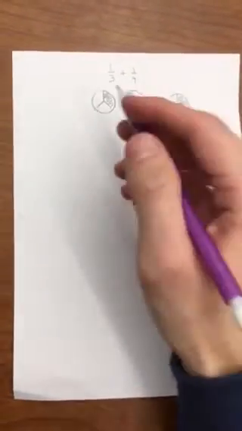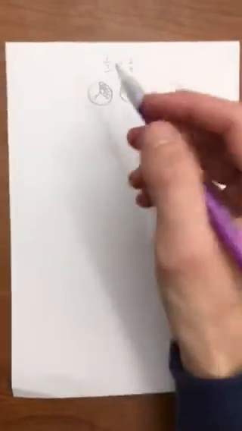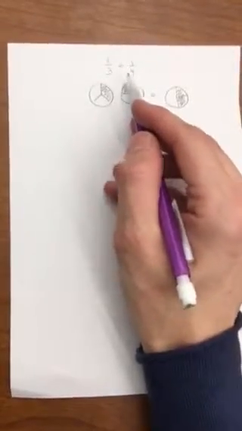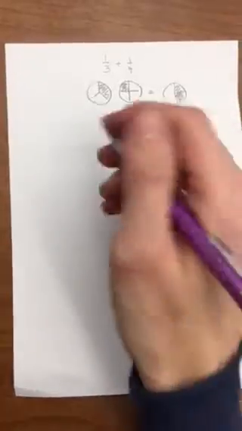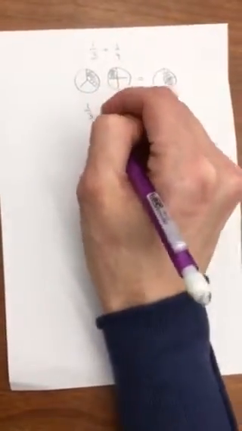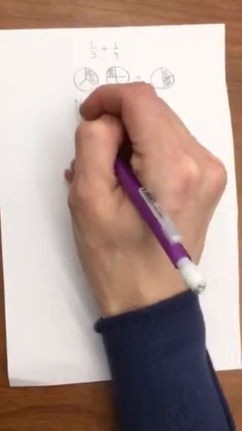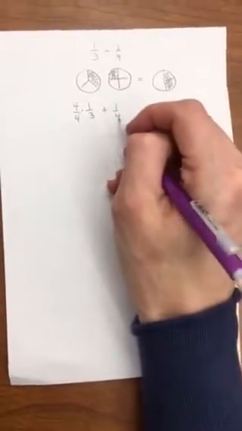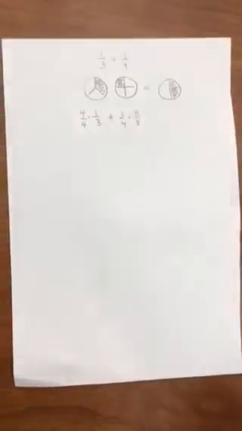So what your teacher probably talked about was that you have to kind of recut this pie so that they're in similar pieces, so you can know exactly how much was filled in. So we would find a common denominator by multiplying this fraction by this denominator and this fraction by this denominator.